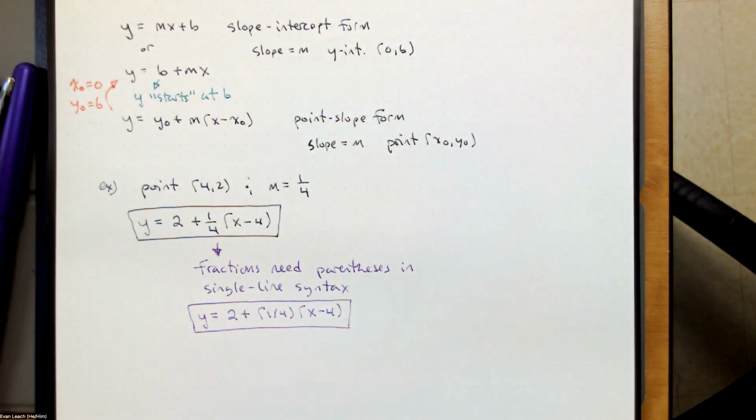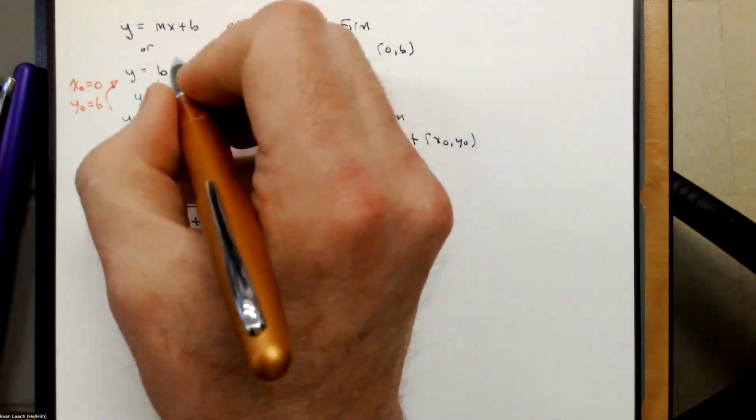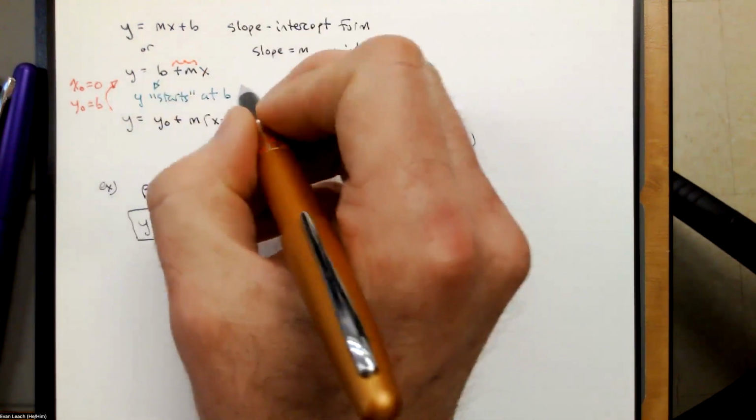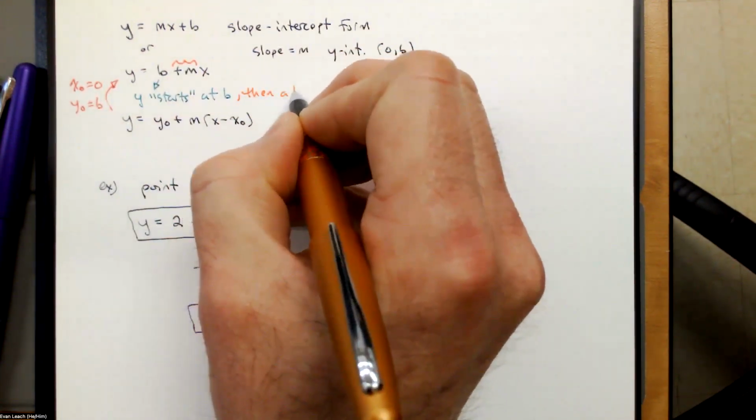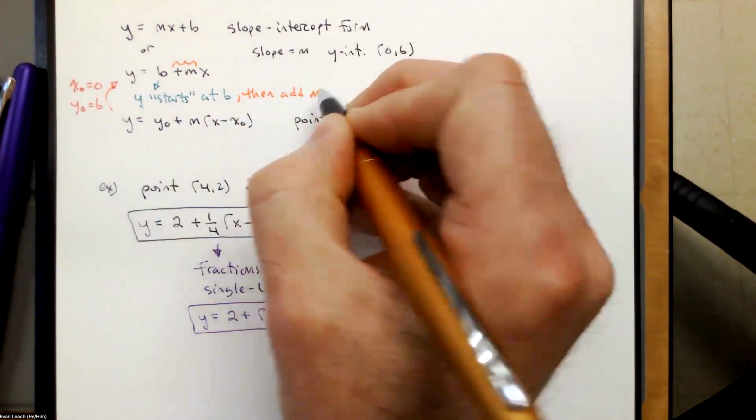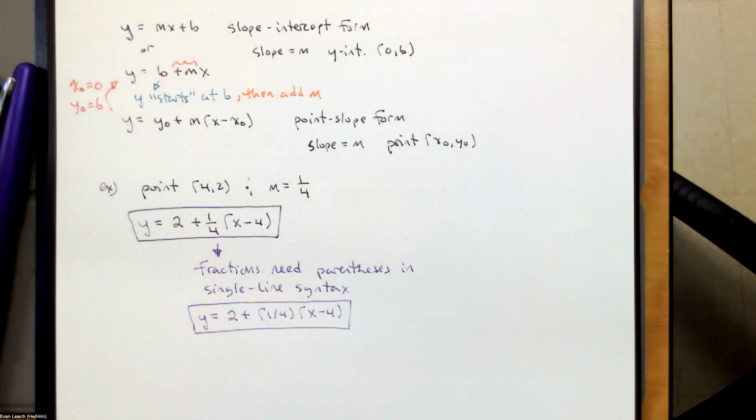So we think y starts at b. Then the next thing in the sentence is plus m. Then add m. And we do that a bunch of times.